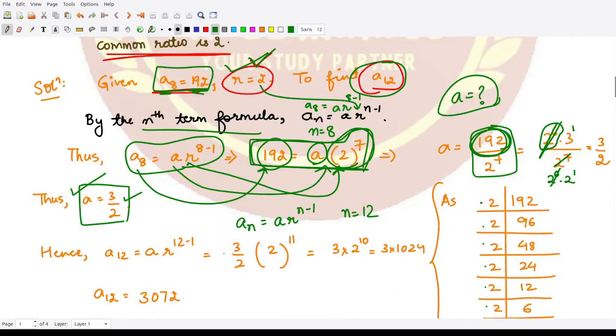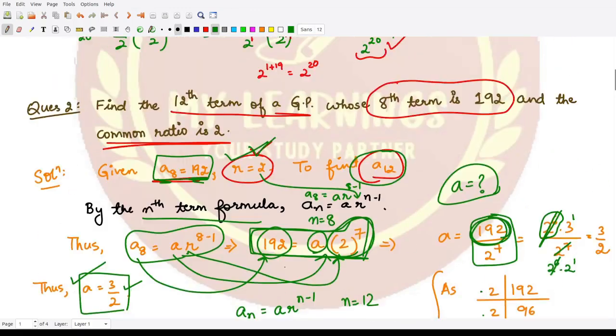So 12 minus 1 would be 11. 2 raised to power 1 is in the denominator, 2 raised to power 11 is in the numerator, so the powers would be subtracted from each other. We would have 2 raised to power 10, which is equal to 1024. 1024 multiplied by 3 is 3072. So this is the answer, and this is our 12th term.